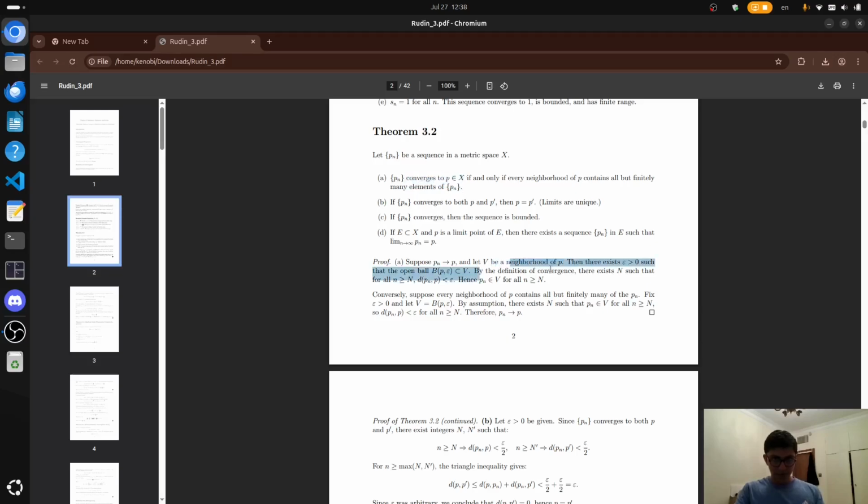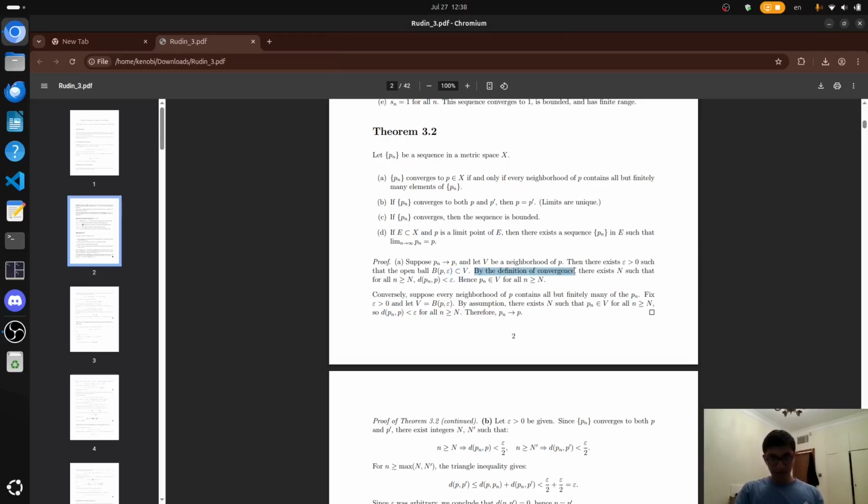We're taking a neighborhood of P. And now we're taking an open ball which is in that neighborhood because we can set epsilon to be smaller and smaller, so it's contained in that neighborhood because the neighborhood itself is an open set. If you want to look at it in R2, it's kind of like an open circle, and this open ball is inside that open circle, and you can just bring it to any other sort of space, right? So we're taking this inside this neighborhood V.